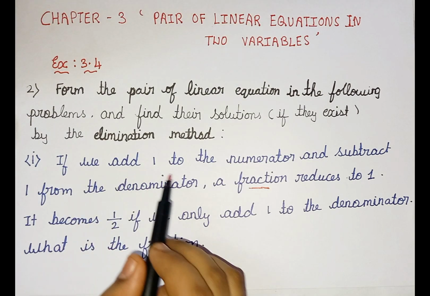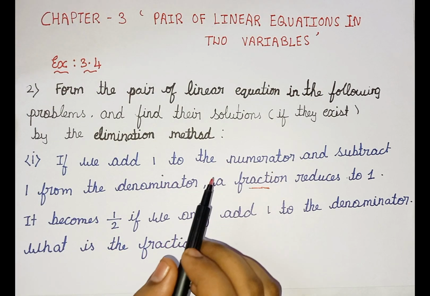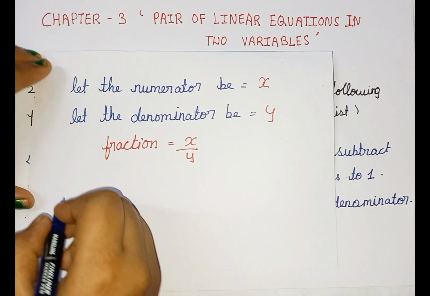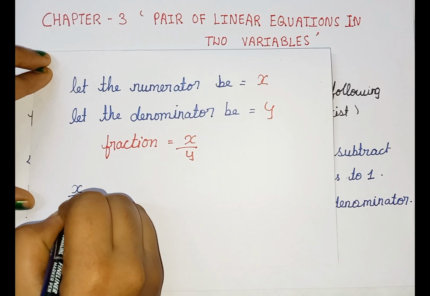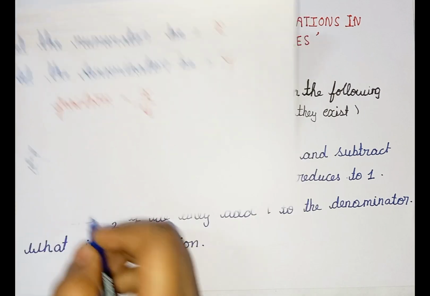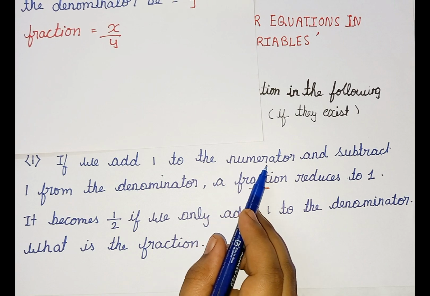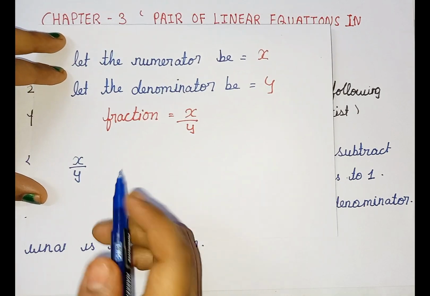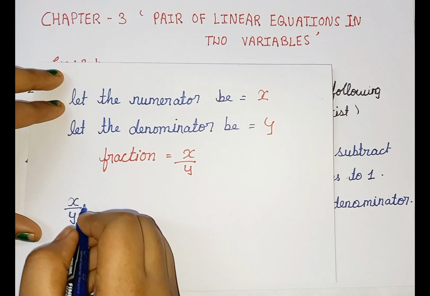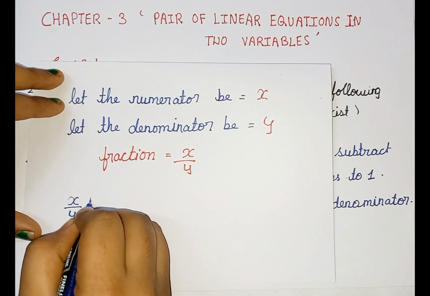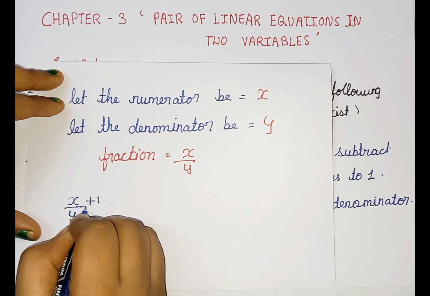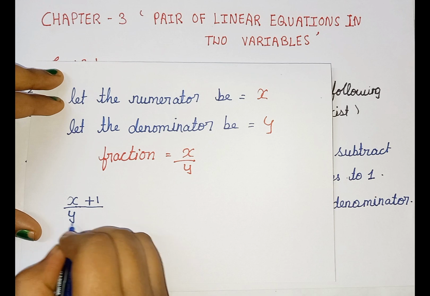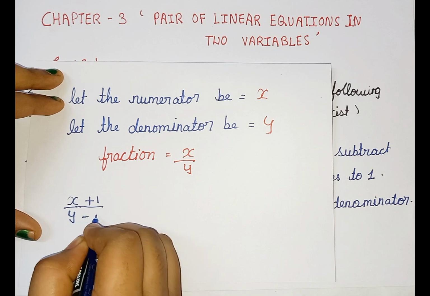If we add 1 to the numerator, in this fraction x by y, I am going to write it aside, and if we add 1 to the numerator and subtract 1 from the denominator: this is the numerator, I am going to add 1, and this is the denominator, I am going to subtract 1.